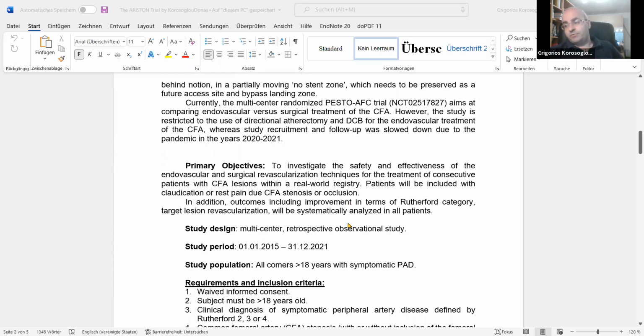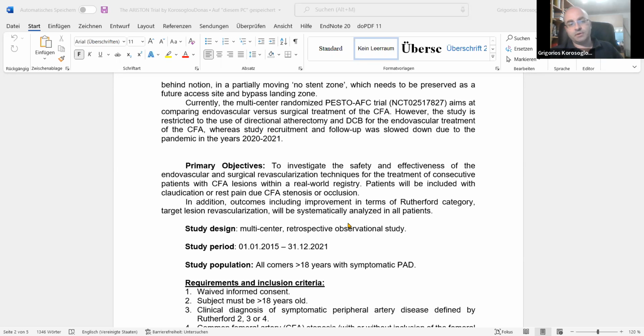So the primary objective of our proposal is to investigate the safety and effectiveness of endovascular or surgical revascularization techniques for the treatment of consecutive patients with CFA lesions, and to do that not in a randomized manner, but in the context of a real-world registry.